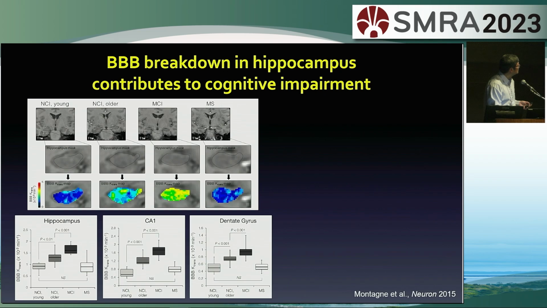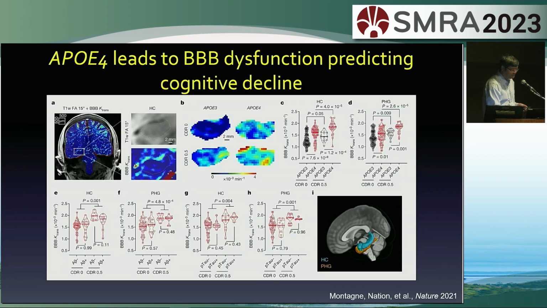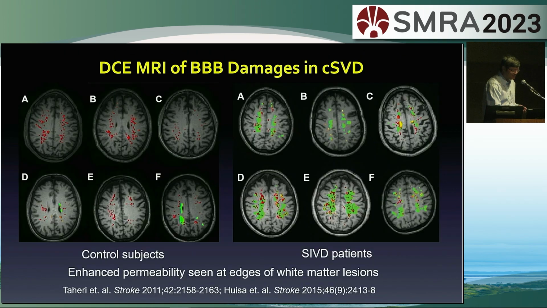As a control, MS patients don't have this permeability increase in the hippocampus. Two years ago they published in Nature showing this K-trans increase in the hippocampus. It increases with ApoE genotype as well as MCI. It's very interesting that it is not correlated with either amyloid-beta or tau protein deposition status.